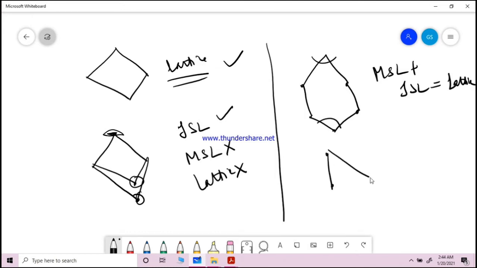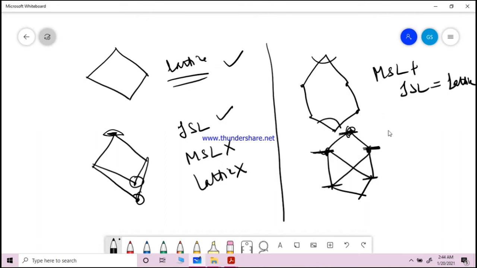Next, this is the example. In this, for every pair, a lattice does not exist. Suppose for this pair I'm getting this, and this is also an upper bound.